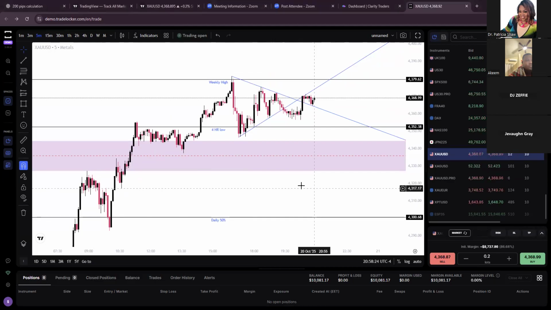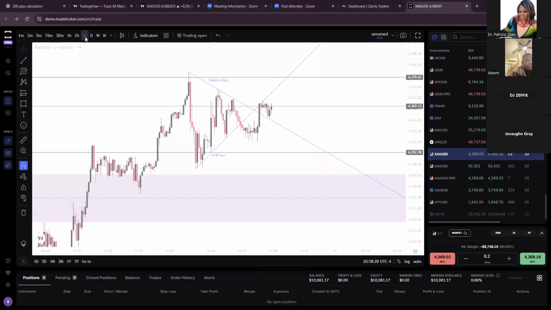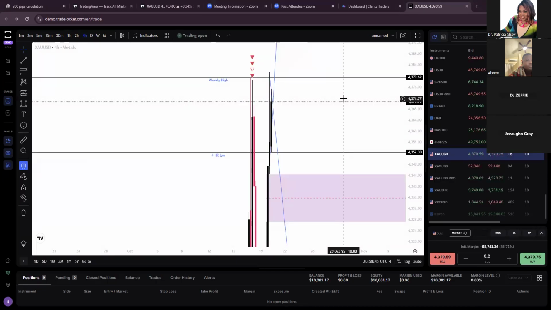All right, guys, we got 2 more minutes and then our 4 hour candle will be closed. So I'm pretty sure it's safe to say we can mark off our high and then our 50%. Am I freezing for y'all or is it just the chart? Yeah, you froze a bit just now.